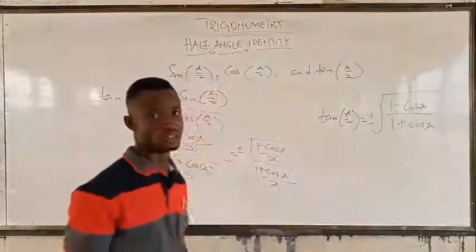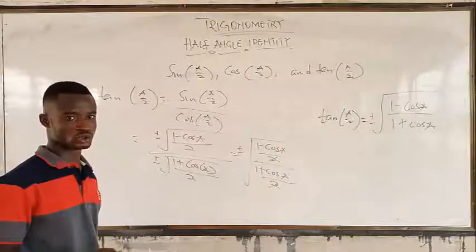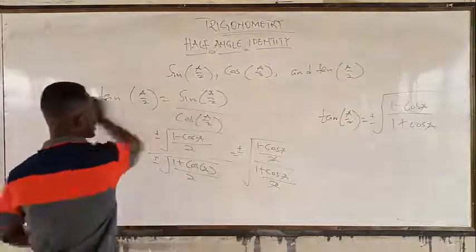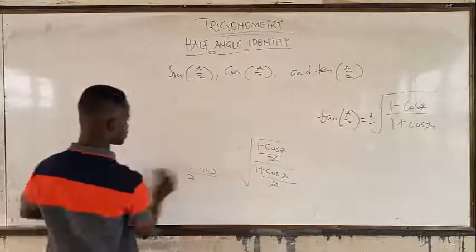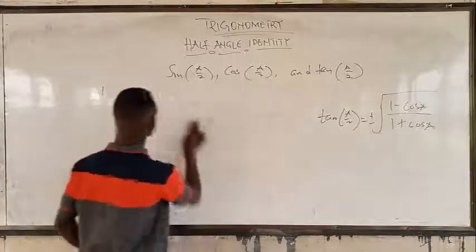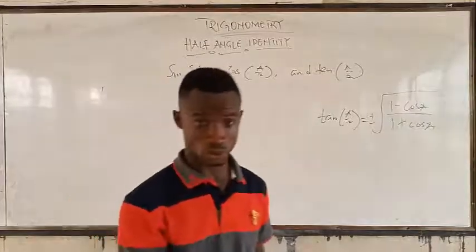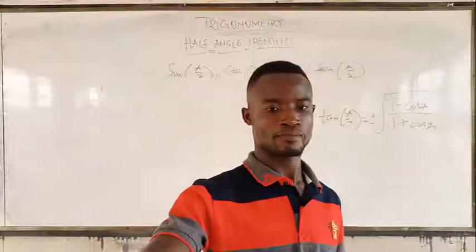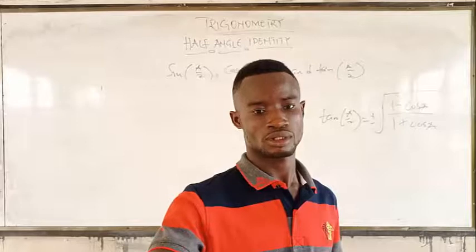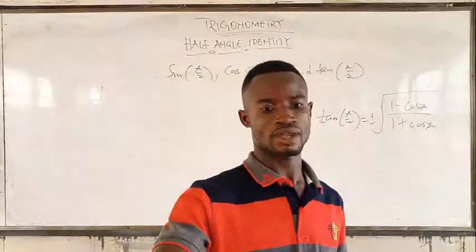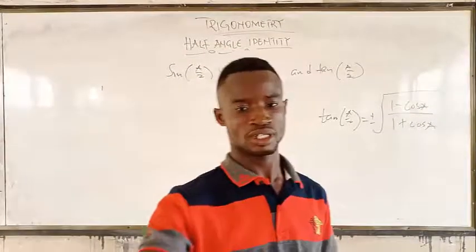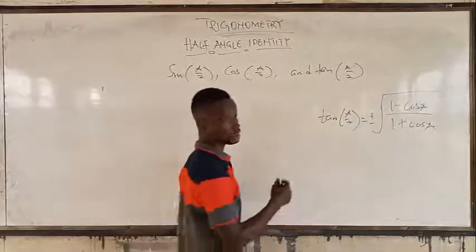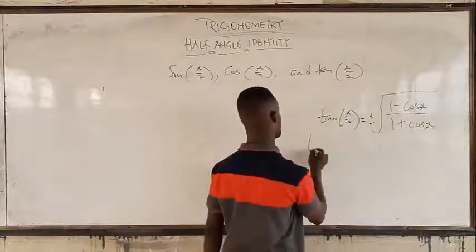So this one gives the half angle of tan, yes, but there are other ones also. In fact, let me give that to you so that you go and look for the proof on your own.